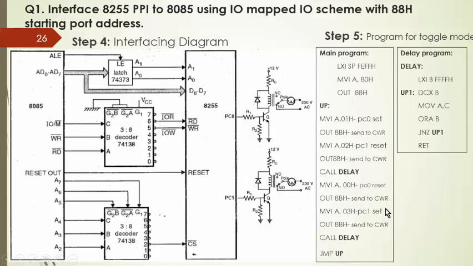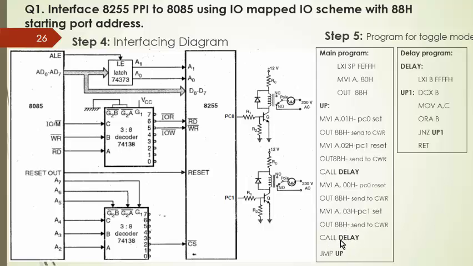So after the call delay instruction, the next instruction is MVI A, 00 hex. Here you have to make the PC0 pin reset. To make PC0 reset, the 00 hex you have to send to the command word register.